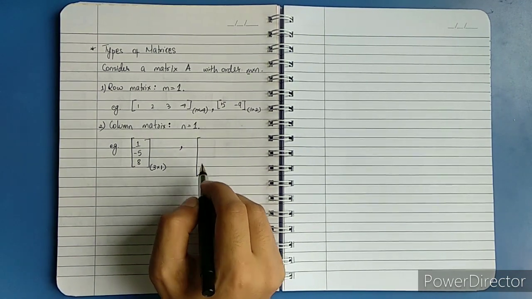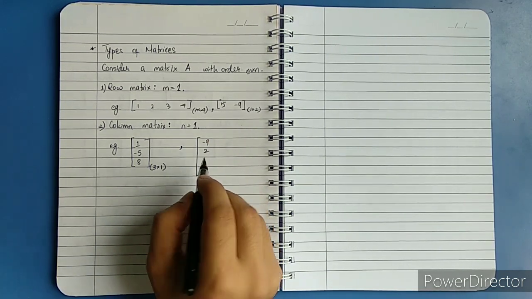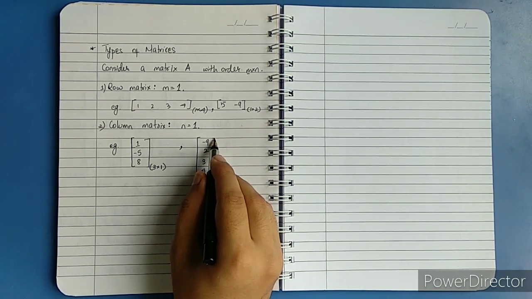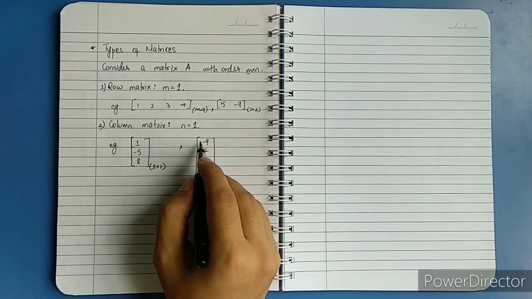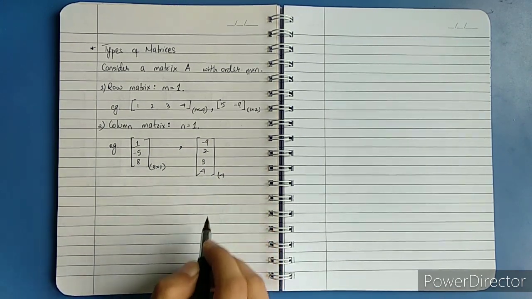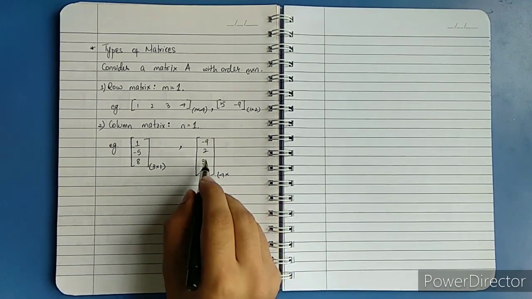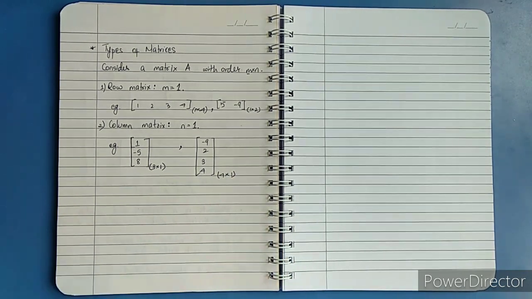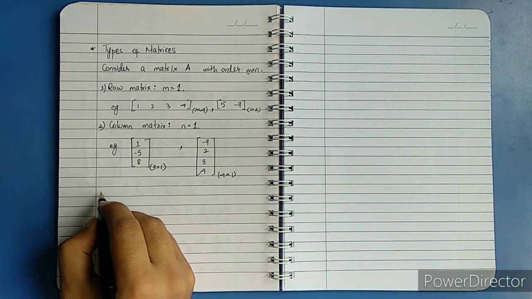Another example, say minus 9, 2, 3, 4. So number of rows 1, 2, 3, 4. First we write the number of rows in the order of a matrix into the number of columns, that is just 1. So if a matrix has just one column, it is called a column matrix.